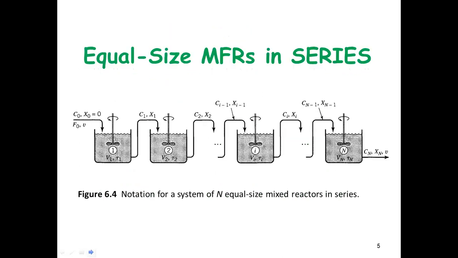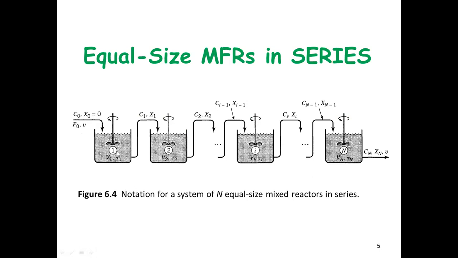Now, let's go to the case in which we have equal sized MFRs in series. The manner of representing conversions, concentration of the stream, and molar feed rates is exactly the same as that of the PFR. So you use a subscript 0 if it's referring to the composition, conversion, or molar feed rate to the first MFR in the series. Then the concentration and conversion of the stream that leaves a particular unit will have a subscript equal to the number of that particular unit.